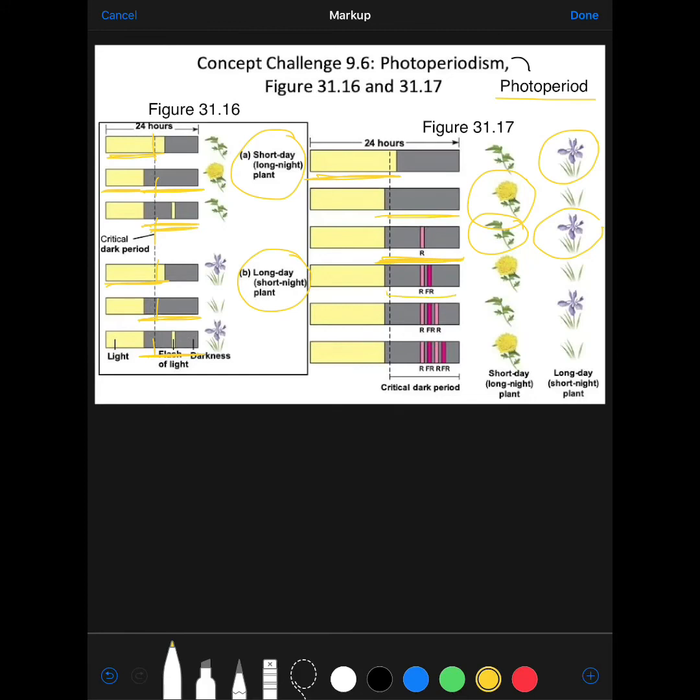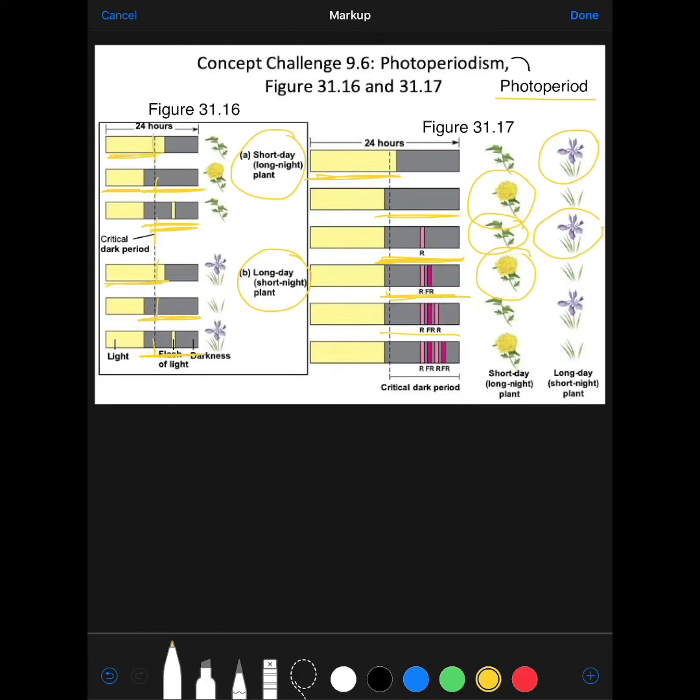However, if you show the red light and immediately after show a far red light, the far red light reverses the interruption that the red light imposed on the short day plant, so it has no trace of that interruption and is able to continue to flower.